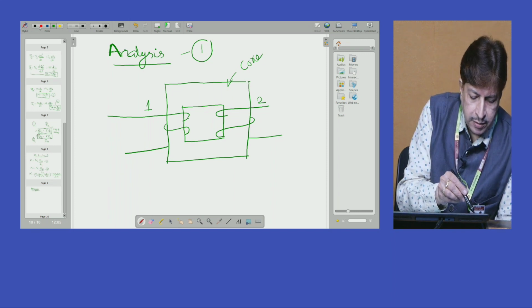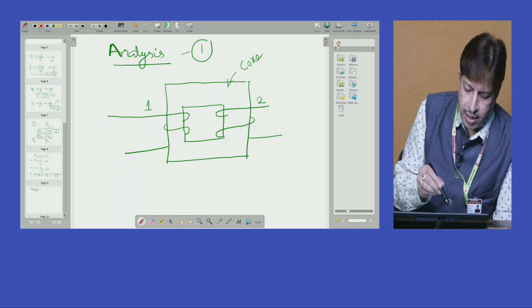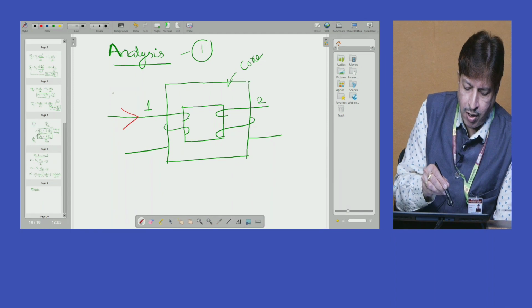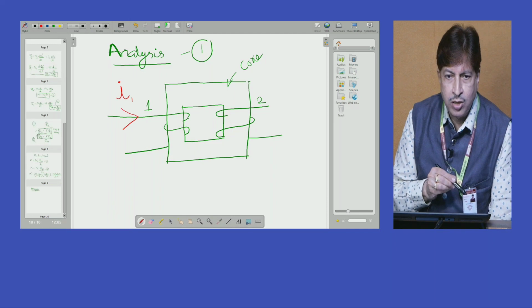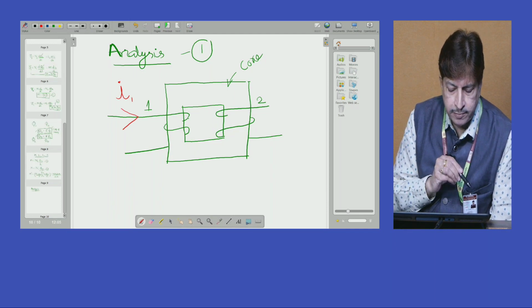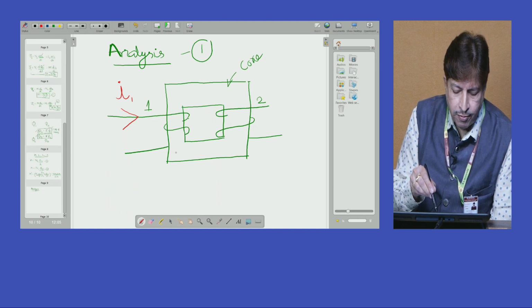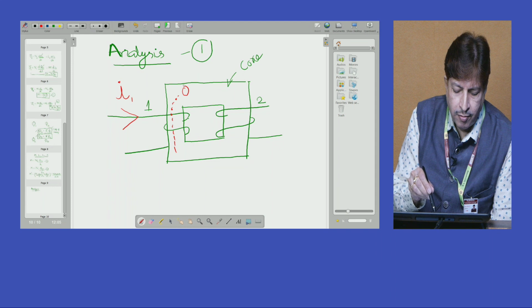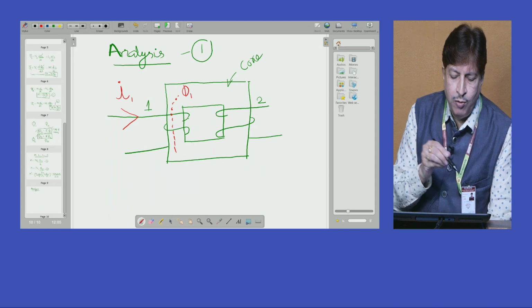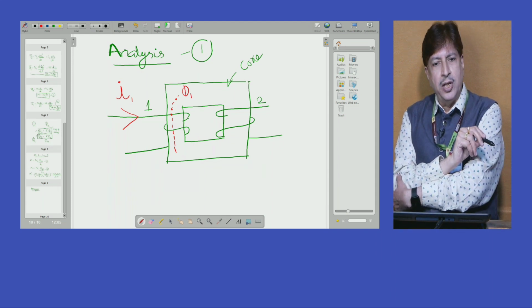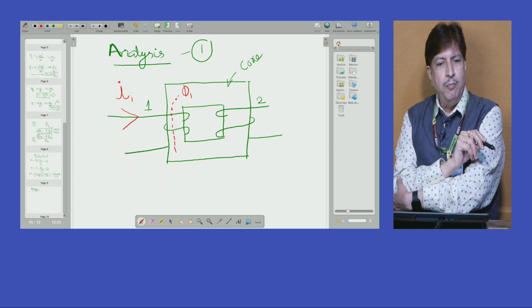Think a current of I1 is passed through this coil and a flux of phi 1 is generated from the main coil.